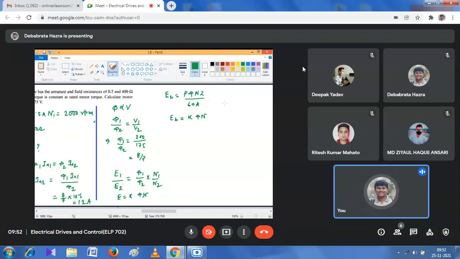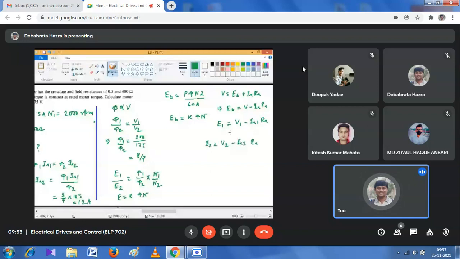So from the motor equation we know that V is equal to EB plus IARA. It is EB is equal to V minus IARA. So tell me the value of E1 and E2 from that equation. It should be V1 minus IA1RA, and the value of E2 should be V2 minus IA2RA.